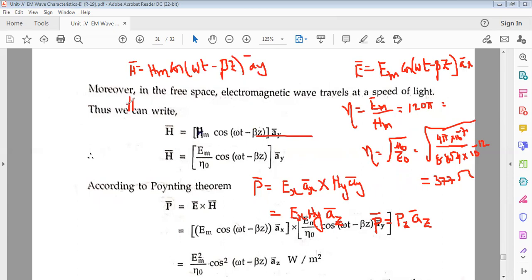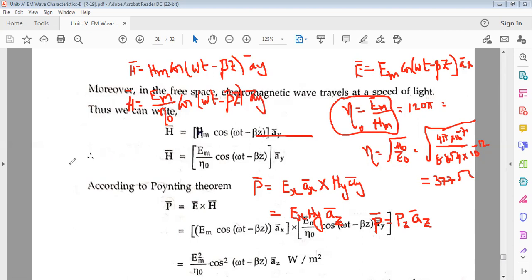Hm is related to the intrinsic impedance and the electric field: Hm is equal to Em by eta naught. From this, eta is equal to Em by Hm, so H bar is Em by eta naught cos(omega t minus beta z) into Ay bar.